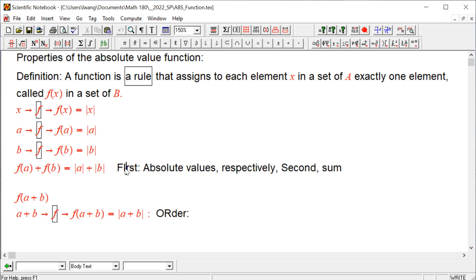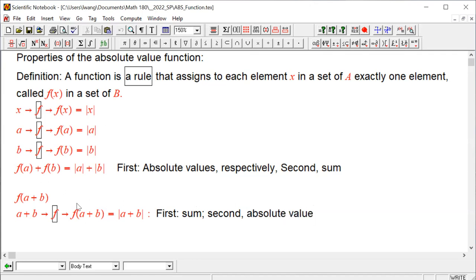The order here: first is the sum, second, absolute value.